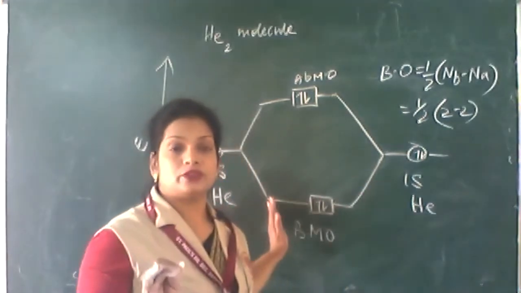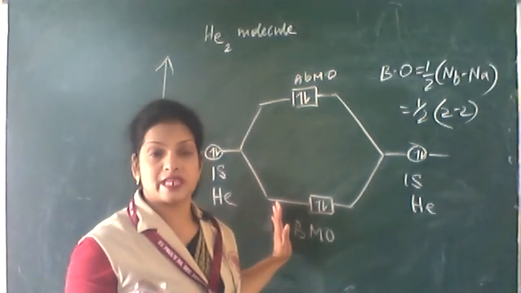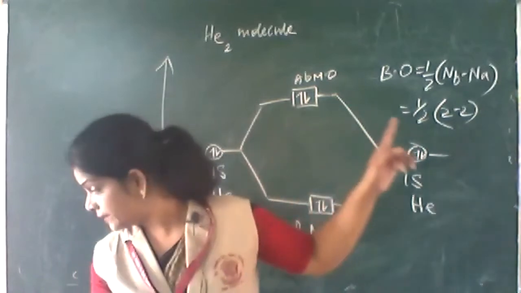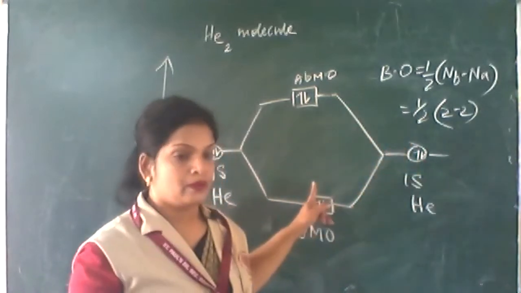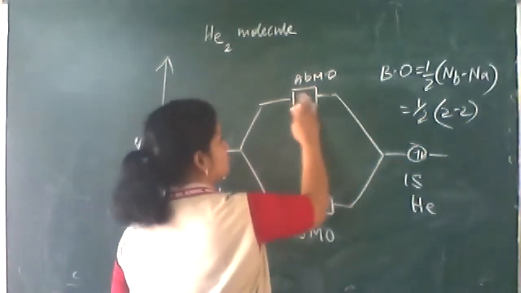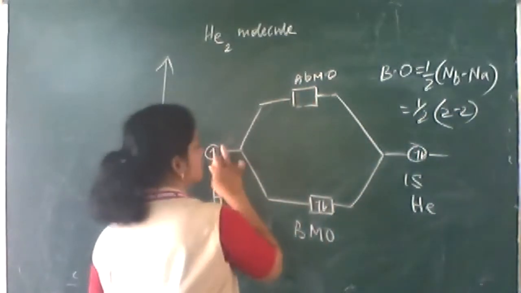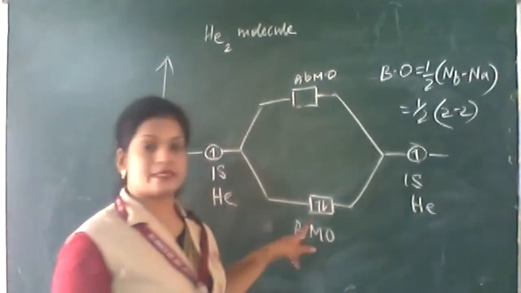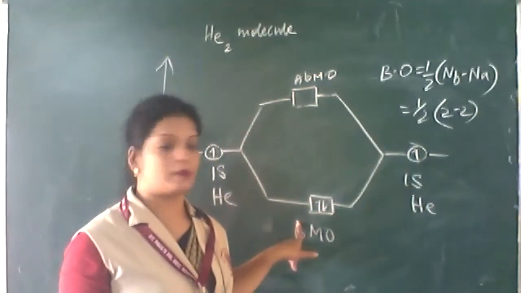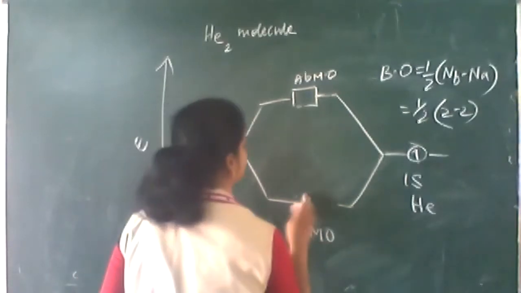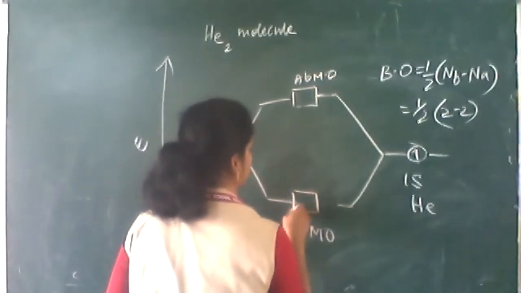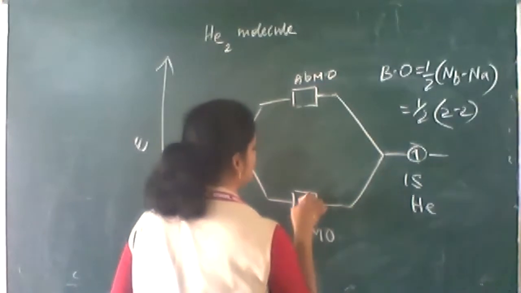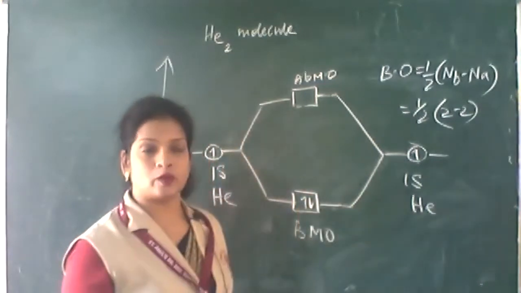You have to explain by drawing this molecular orbital diagram and calculating the bond order. What was the bond order in the case of hydrogen? Hydrogen, it was like this. These two electrons are coming to the bonding molecular orbital.